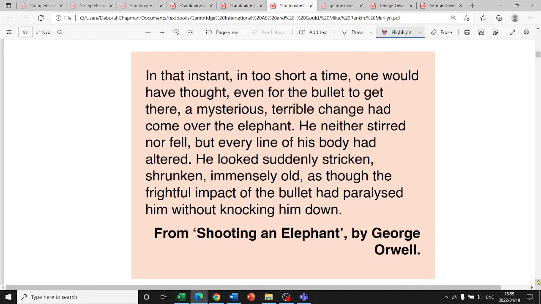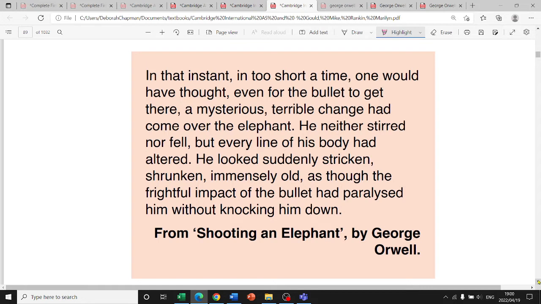In that instant, in too short a time, one would have thought, even for the bullet to get there, a mysterious, terrible change had come over the elephant.